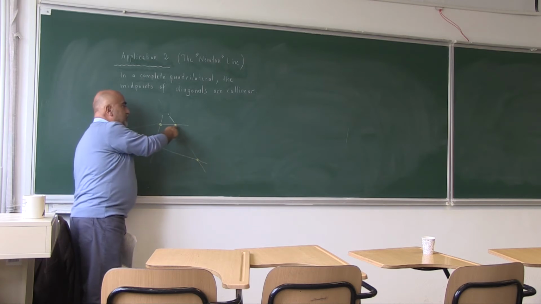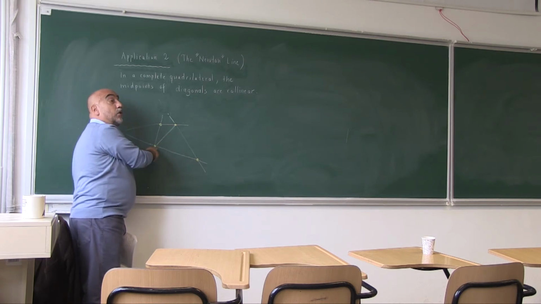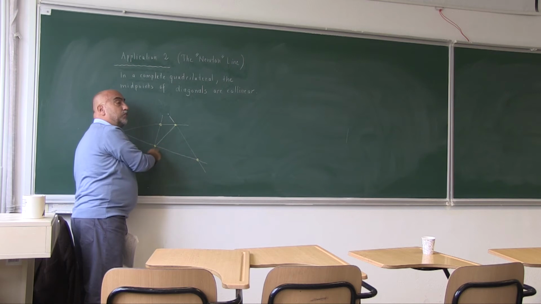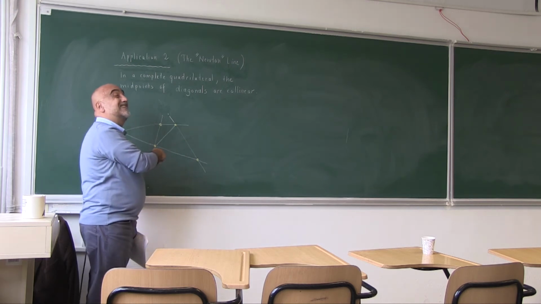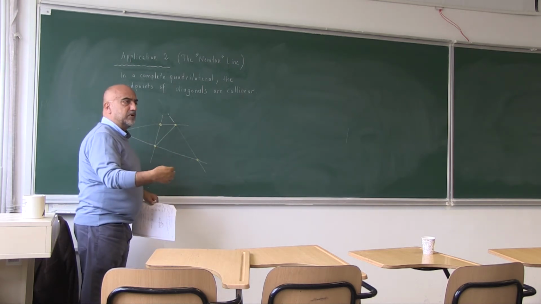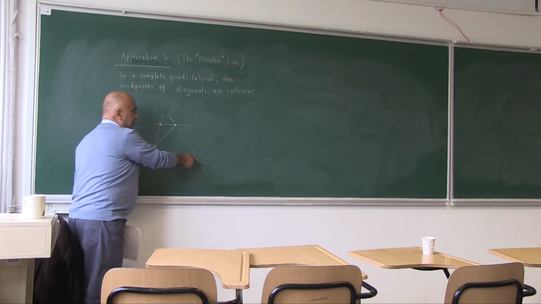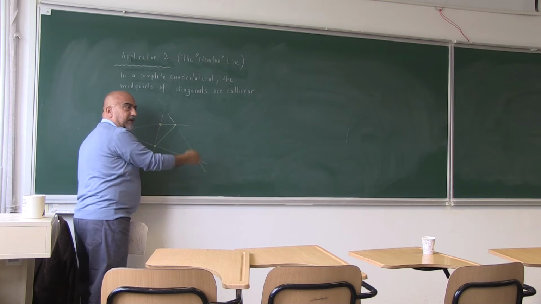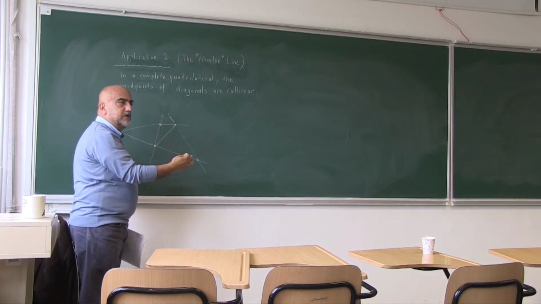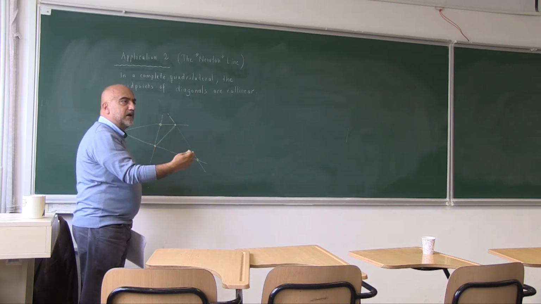So you are joining 2 points which are not already joined by a side. So you are joining, in fact, 2 points which are not adjacent. They are not neighbors. These 2 points are neighbors because they are on the same line. These 2 points are neighbors because they are on the same line. So you are joining points which are not on the same line, which are not adjacent points.